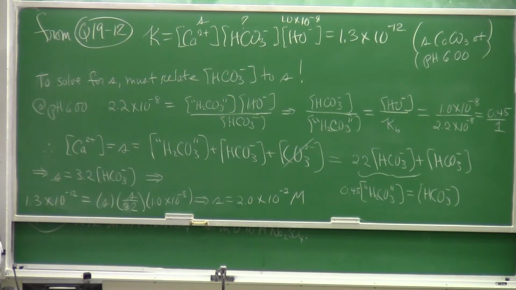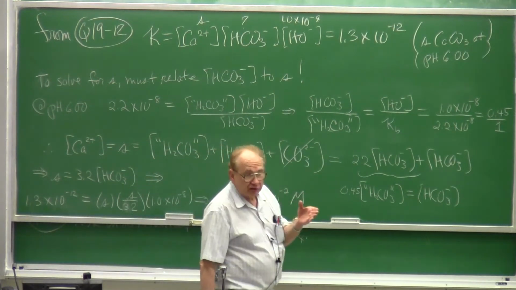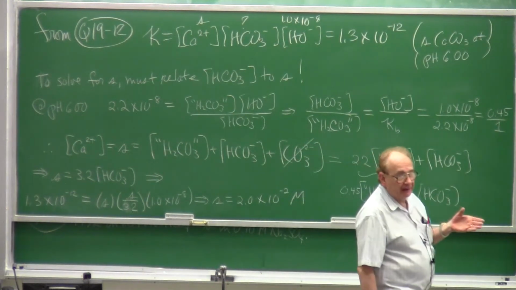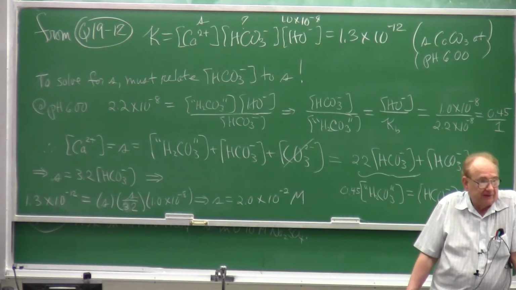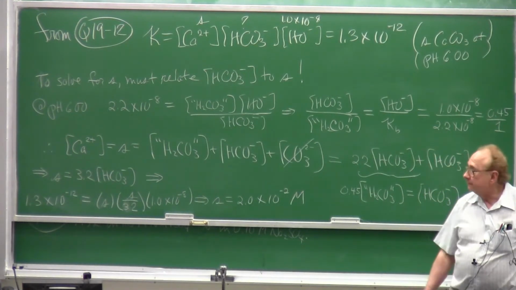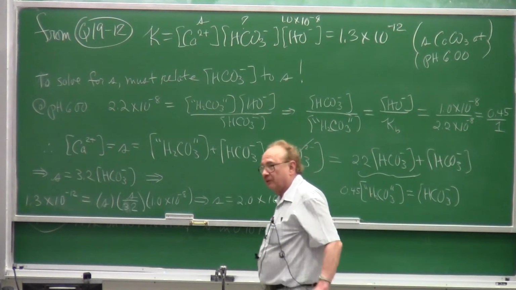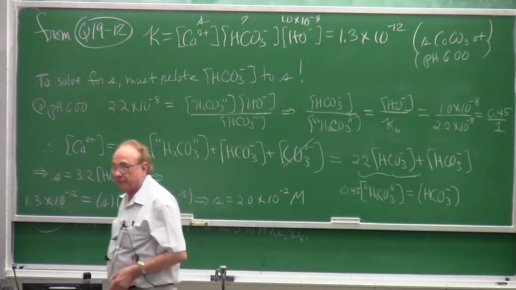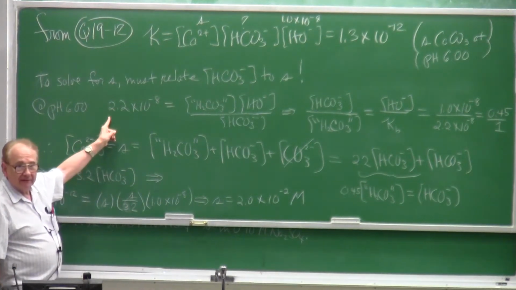So what we have to do is to see which are the principal forms of carbonate-containing things in the system at pH 6. And based on Ka for hydrated CO2 or Kb for bicarb, we can answer that question.